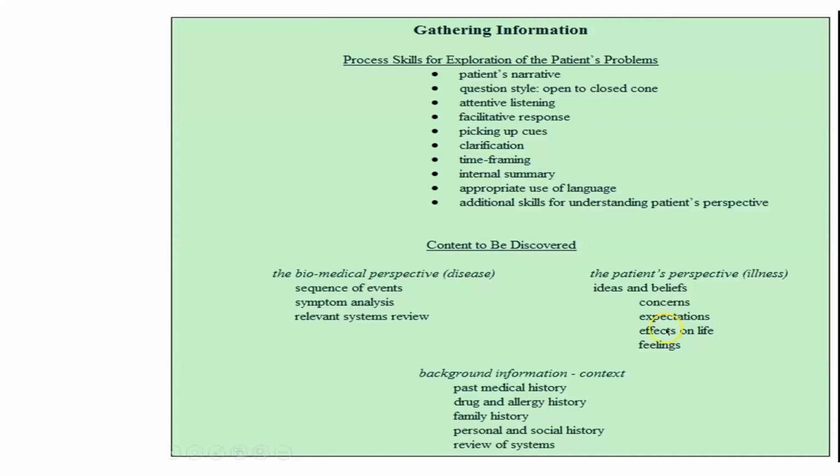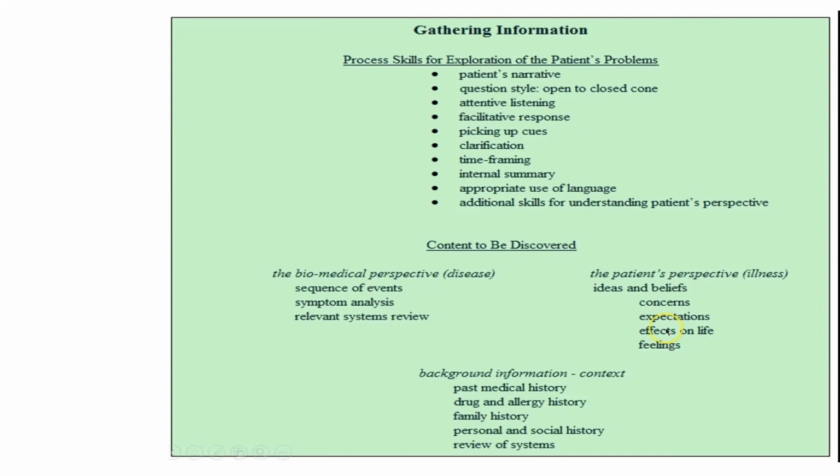When you gather information, you need to help the patient tell the story. As I said, just use open questions and then finish with closed questions. One of the major areas of communication skills is attentive listening.